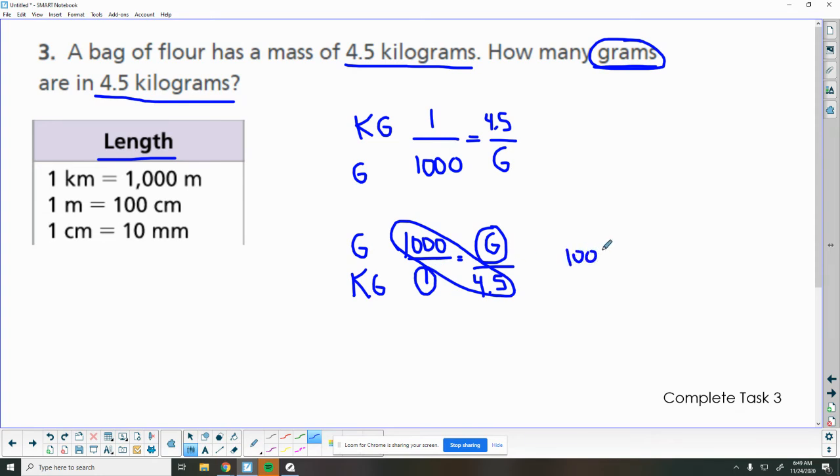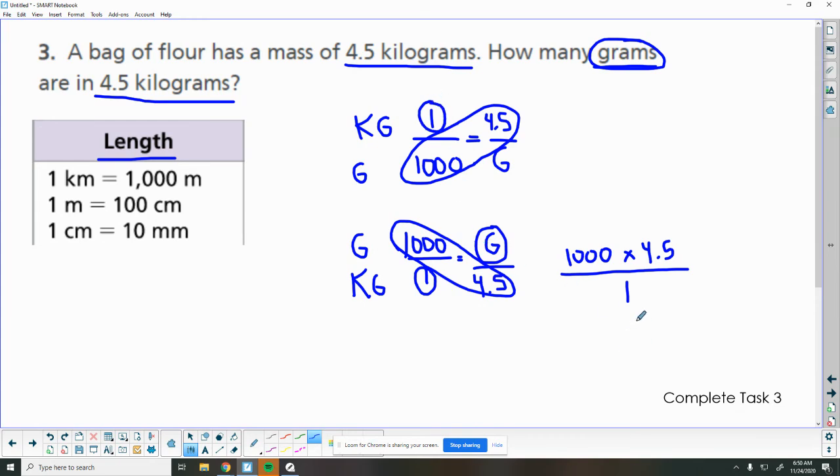So we are doing 1,000 times 4.5 divided by 1. So don't forget to move your decimal in your problem. Same thing up here. We're crisscross multiplying to get G by itself and dividing by 1.